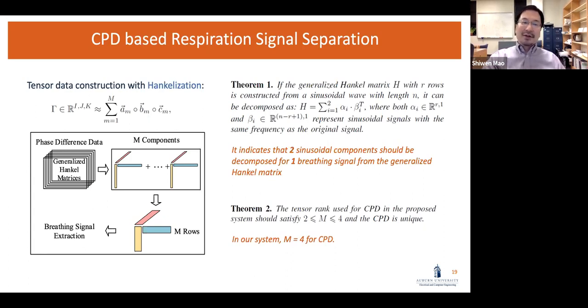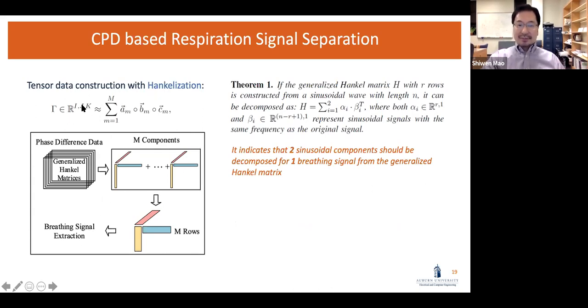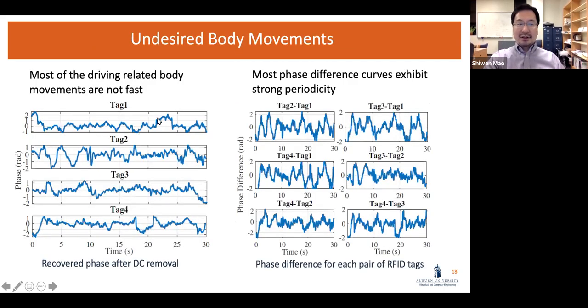One technique we tried, which has been quite effective, is called tensor decomposition. The idea is that all the information, the phase information we read from tags, phase difference or differentiated phase difference, is one-dimensional data.